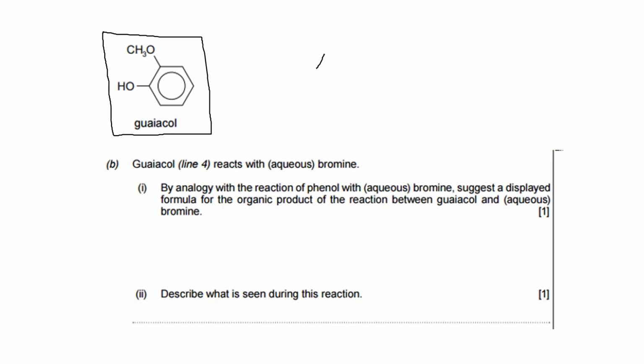So if we just take phenol a second, if we take a phenol, it's a benzene ring with an OH group. Let's just remind ourselves of the reaction. If you react it with bromine, because phenol is more reactive than benzene, because of the oxygen donating its electrons into the pi cloud, it will react with bromine via the electrophilic substitution without the need for a catalyst.